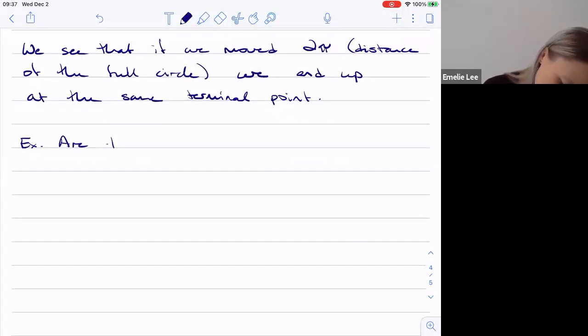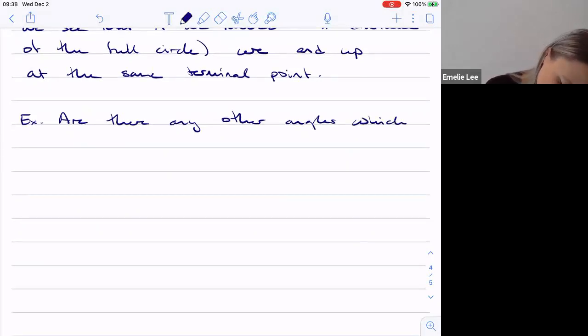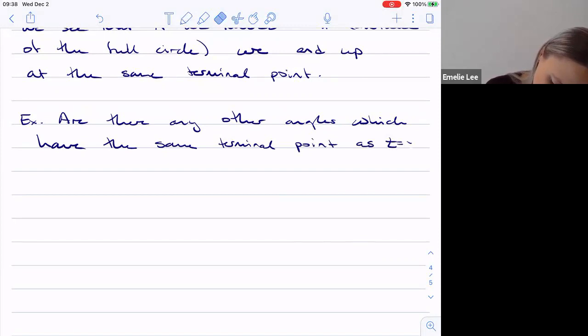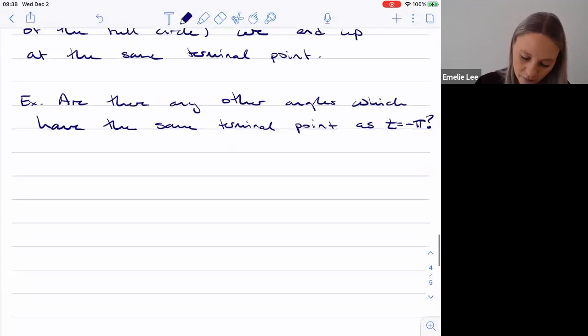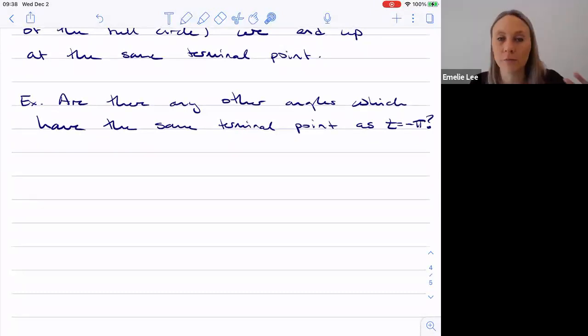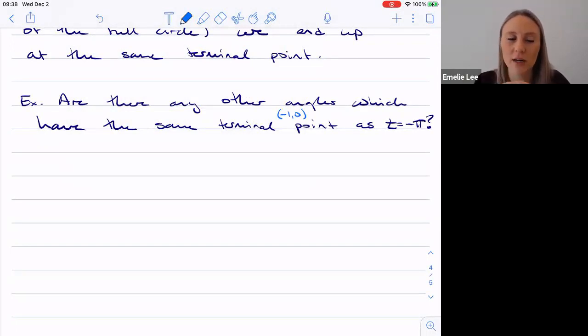So the terminal point here is (-1, 0). It doesn't actually matter if I move clockwise or counterclockwise.